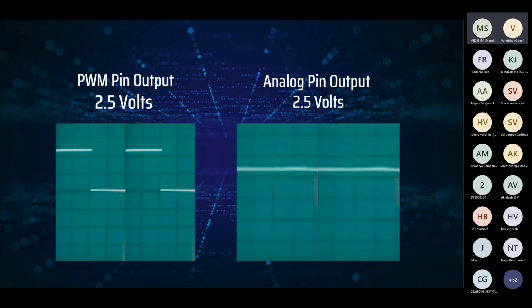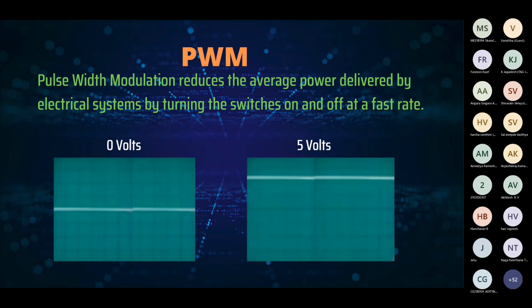Hence, on average, 2.5 volts is the output that is produced, which is a reduced average power consumption as compared to a digital circuit where we would have got 5 volts per time period.